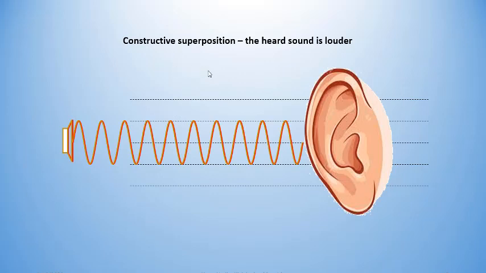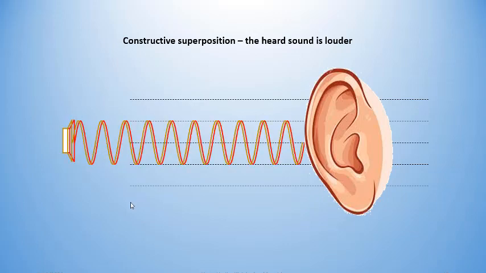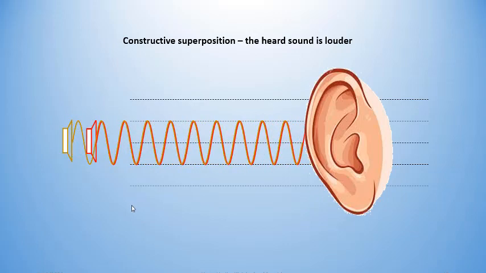more about constructive superposition. We have the two sources here, and we try to displace one of these two sources toward the ear in order to obtain again a sound with double amplitude. This is the case.